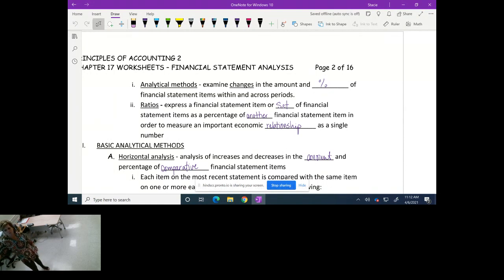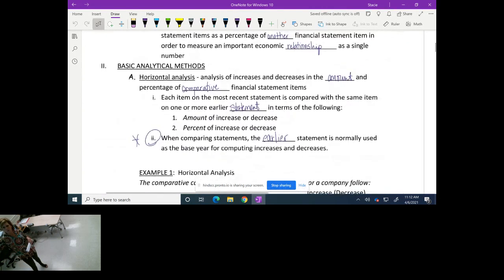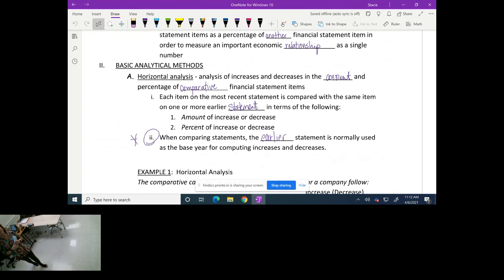So ratios express a financial statement item or set of items as a percentage of another financial statement item and the relationships between the two. This is going to make a lot more sense when you see it done. Horizontal analysis, like I said, is looking at the increases and decreases in the amount and the percentage of comparative financial statement items.